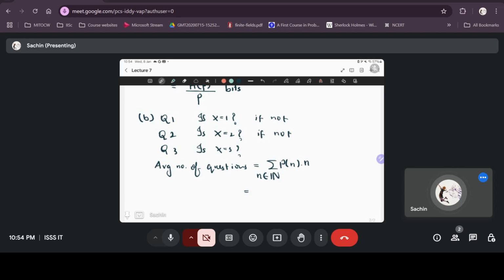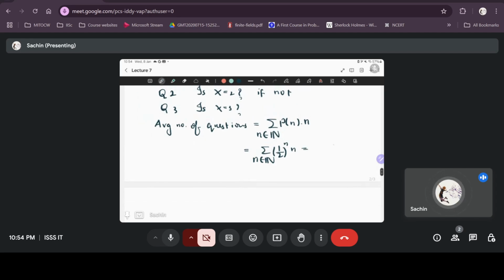You need to ask three questions if the first two tosses were tails and the third toss is a head, which happens with probability half power 3, and so on. So P of n is half power n, and n ranges over all natural numbers.